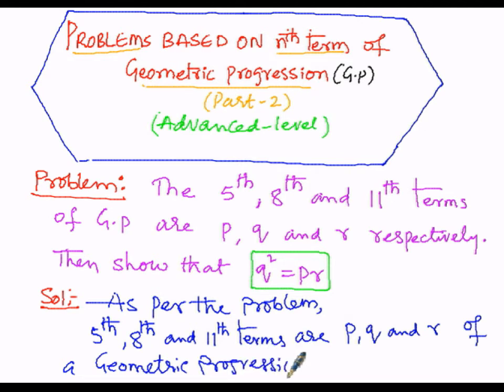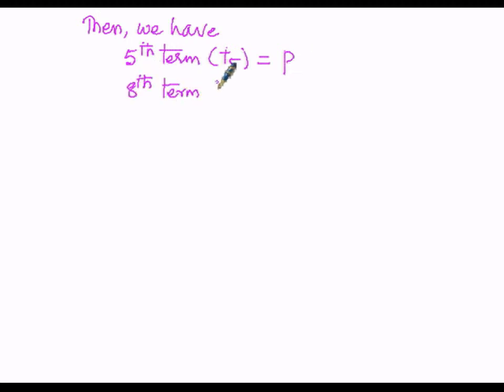So when we write individually, the fifth term, denoted by T5, is P, the eighth term T8 is Q and the 11th term T11 is equal to R.